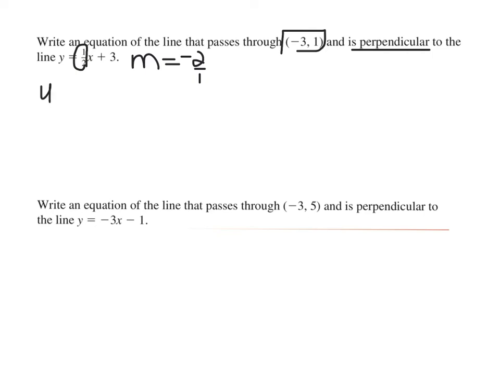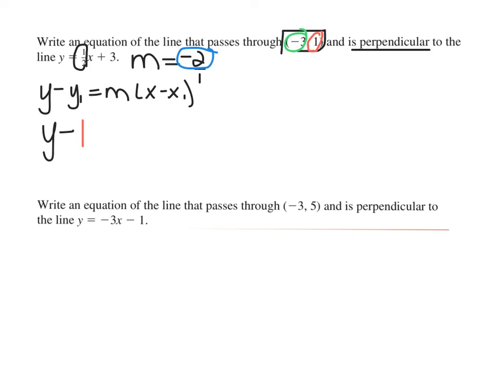And then I use my point-slope form. y minus y1 equals m times x minus x1. We have y minus y1, that's 1. And we're going to have m, and we'll have x1, okay?